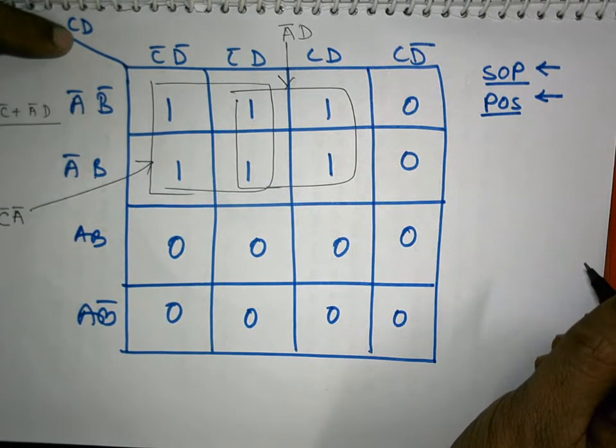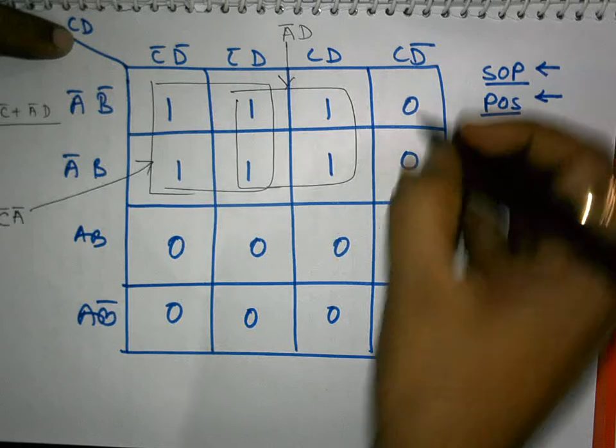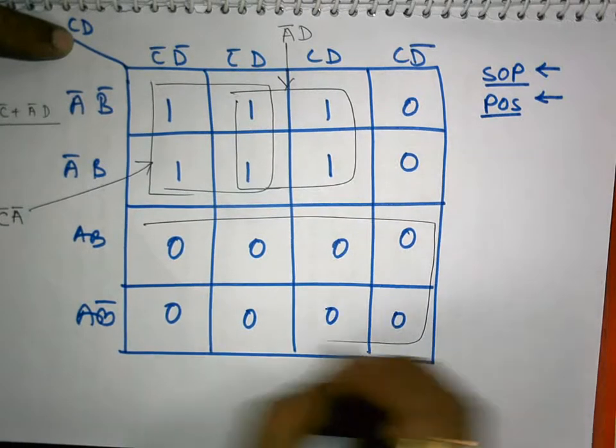Now we will do realization for zeros, and realization for zeros can be done by taking the complement of our function and by assuming 0 as 1, and we will proceed for the implementation of the complement of the function. So what is the biggest group that can be formed?